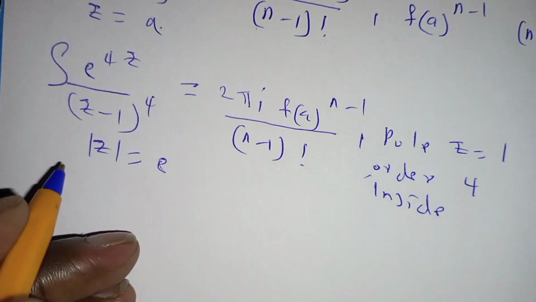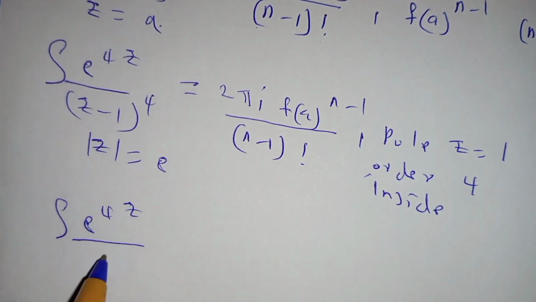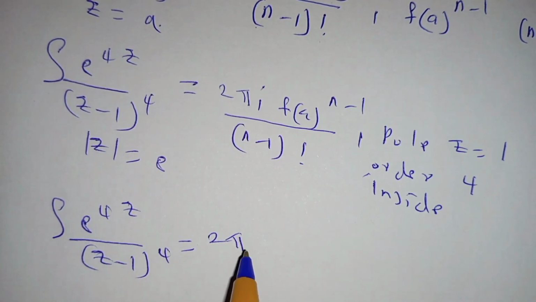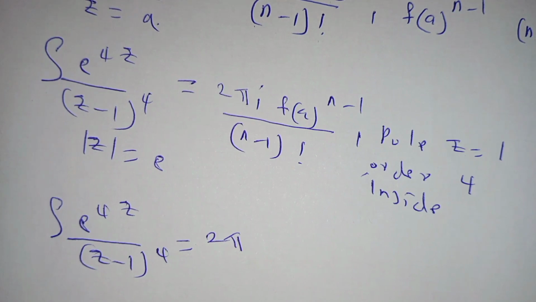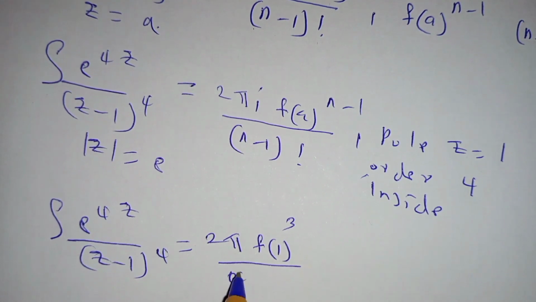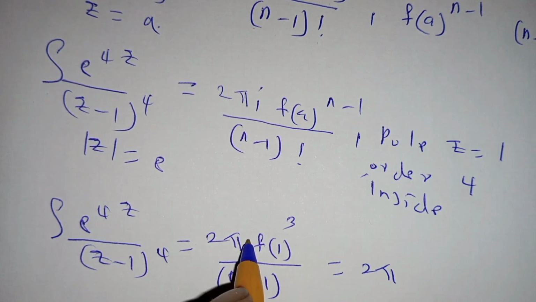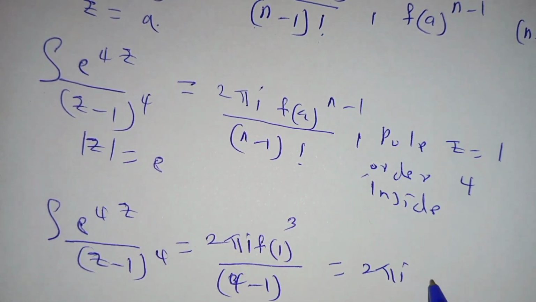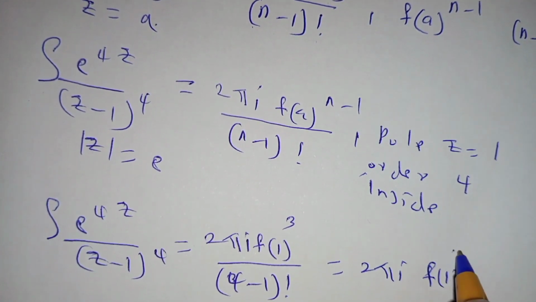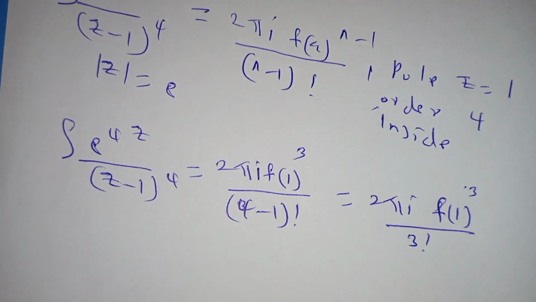So we shall have the integral of exponential 4z divided by z minus 1 to the power 4 is equal to 2 pi I, f of 1 to the power 3 divided by 4 minus 1 factorial, which is f of 1 third derivative over 3 factorial.